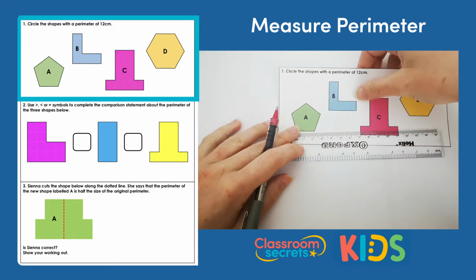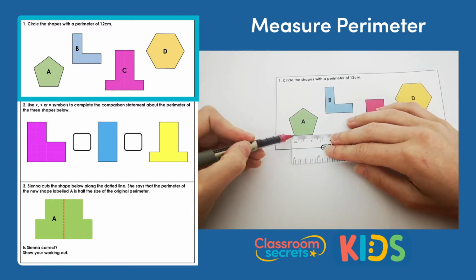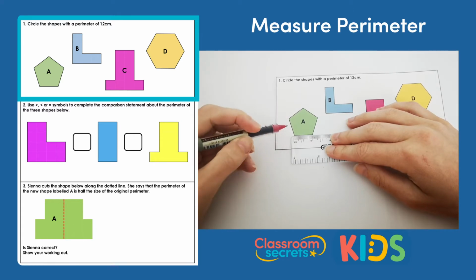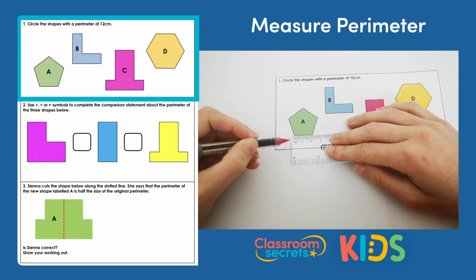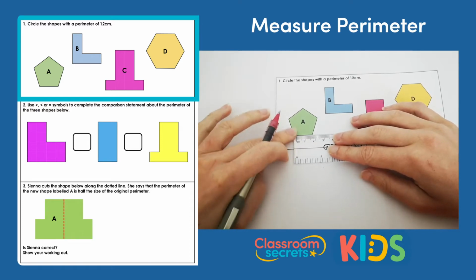Make sure you line up the edge of the side you're going to measure with the first marking on the ruler. Sometimes that might be a 0 or it might say 0 centimetres, but it's the first marking on the ruler, not the edge of the ruler.